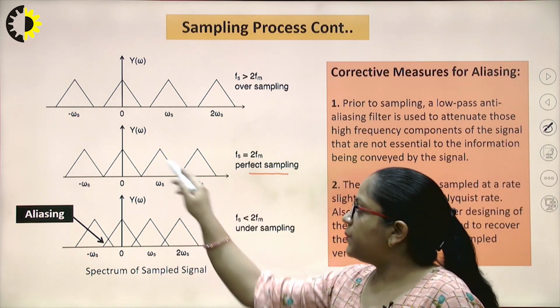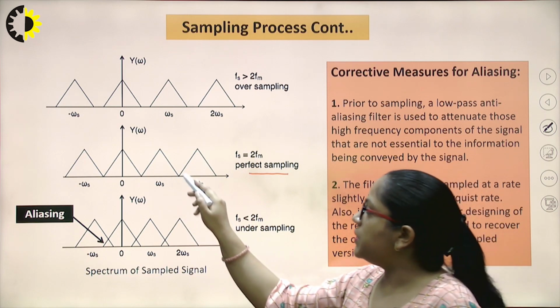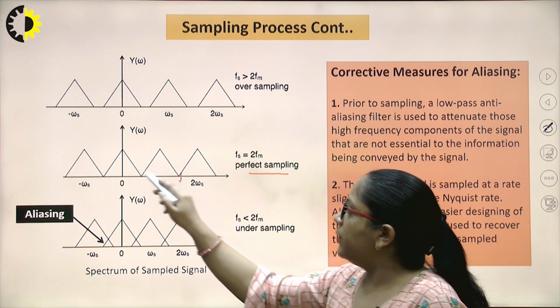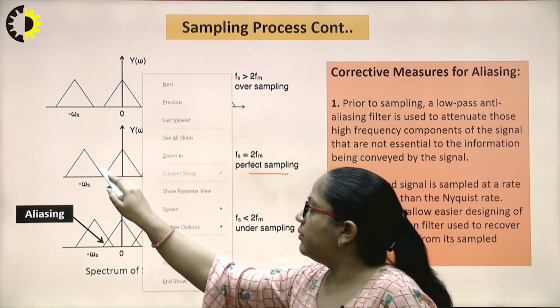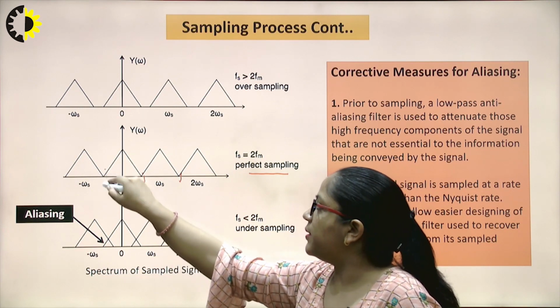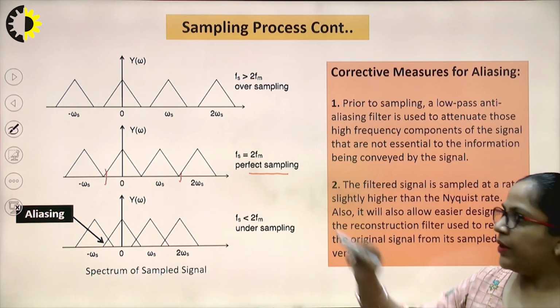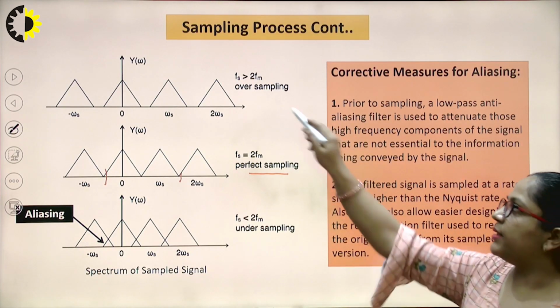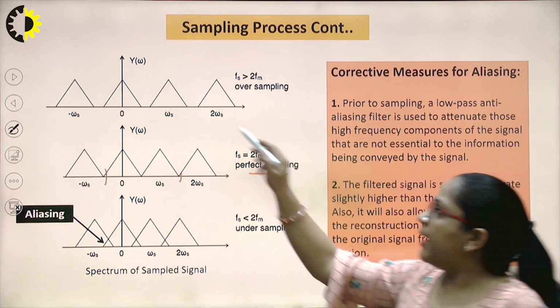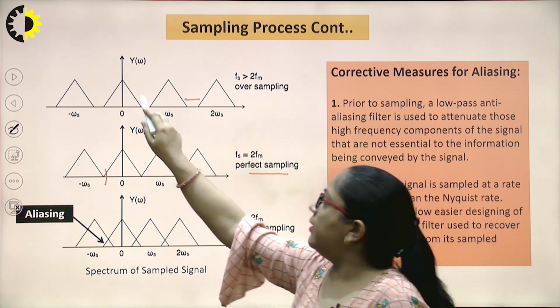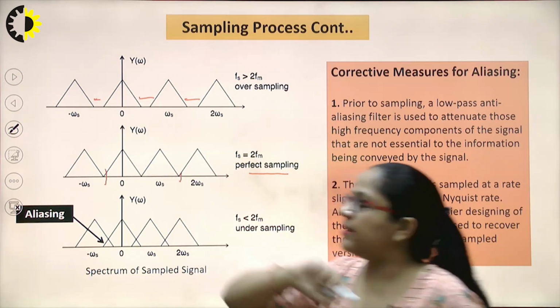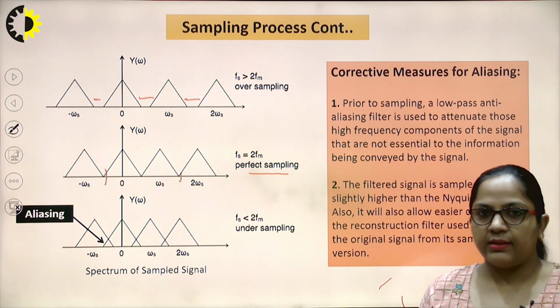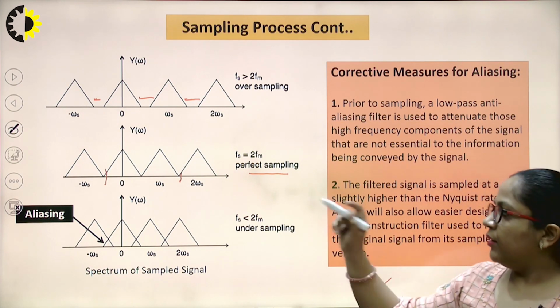In the spectrum of the signal, we can observe that there is no gap between the adjacent spectra. When Fs is greater than twice Fm, this condition is called oversampling, and there we can observe enough gap between the adjacent spectra of the sampled signals.